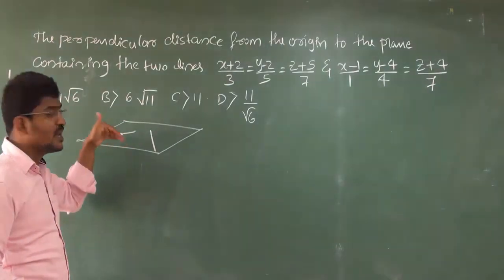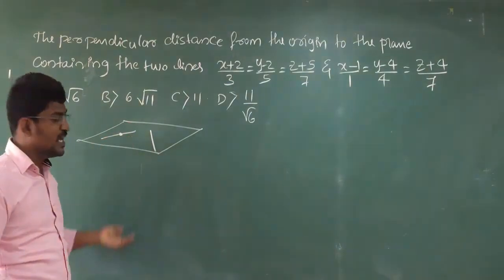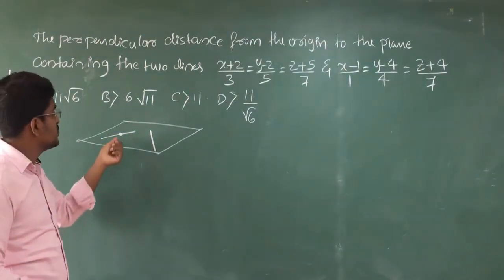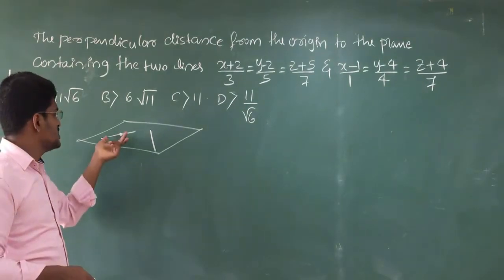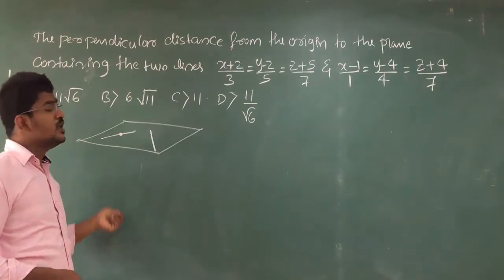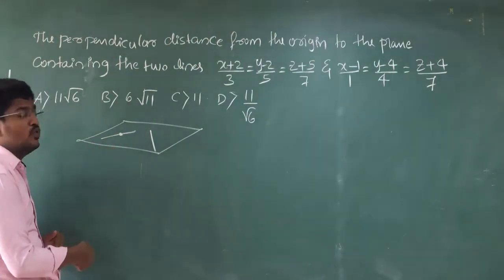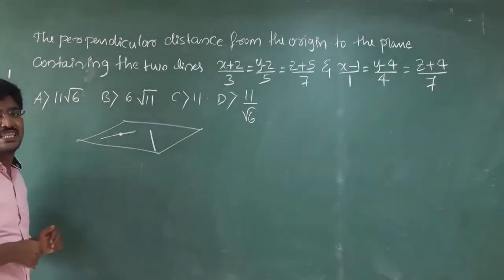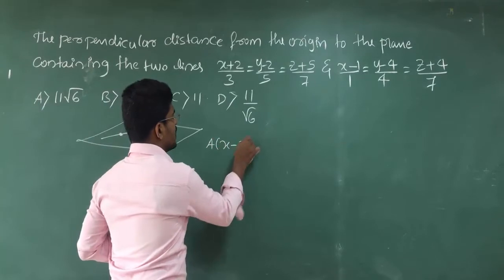Therefore, to calculate the distance of the plane from the origin, you just calculate the distance of this point from the origin, or the distance of this line from the origin. Are you getting my point? So to calculate the distance of this line from the origin, what do we have to do? We have to solve the equation of this line. Clear? So the equation of the line is a into (x minus x1).